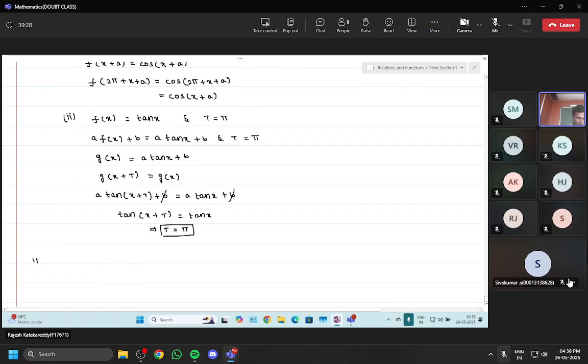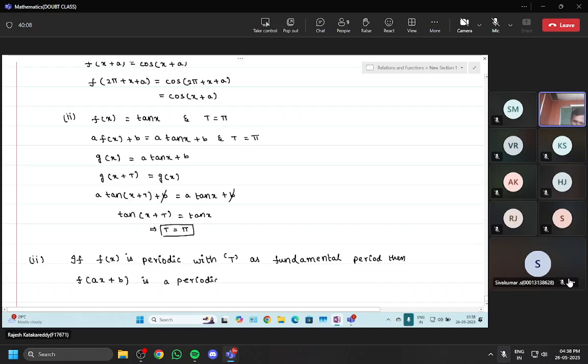Now in the second property, same first line again. If f of x is periodic with T as fundamental period, then f of ax plus b is a periodic function and its fundamental period is T divided by modulus of a.